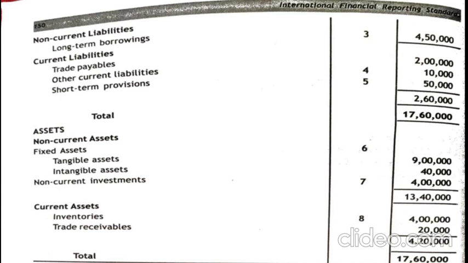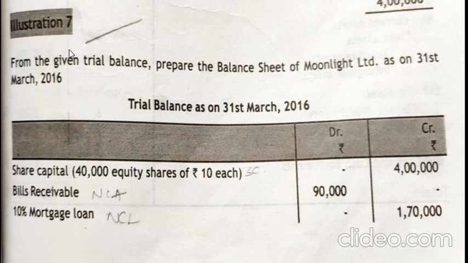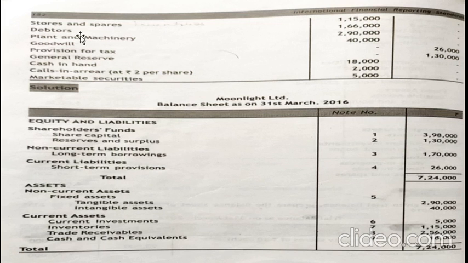So the next question we are going to discuss is illustration 7. From the given trial balance, prepare the balance sheet of Moonlight Limited as on 31st March 2016. In the trial balance as on 31st March 2016, they have given share capital, bills receivable, 10% mortgage loan, stores and spares, debtors, plant and machinery, goodwill, provision for tax, general reserve, cash in hand, calls in arrears, marketable securities.